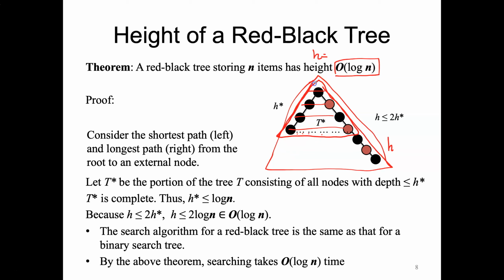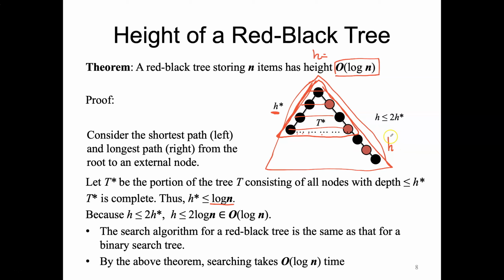Meaning that this part of our tree here, let's call it T star, the smaller portion of our tree, is a complete binary tree. And we know that for complete binary trees their height is logarithmic. So that means that the length of this shortest root to leaf path, h star, is no more than log n.